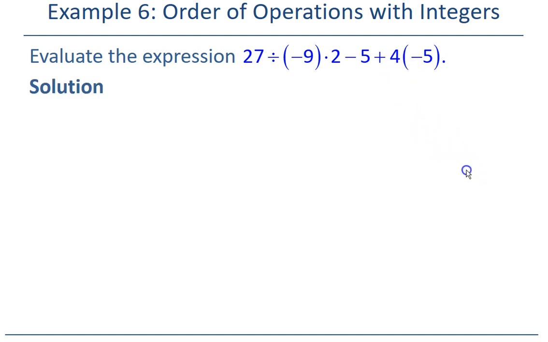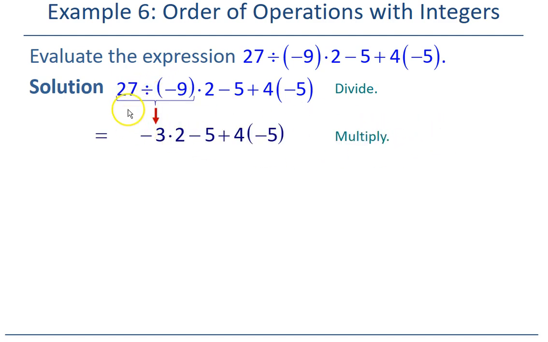So you might say, what do we do first? Well, as we go from left to right, there is a division here that we have to do. So 27 divided by -9 is a -3. Then we're just copying the rest of this. And then now what's the next thing? Well, we do this multiplication here. This is going to give us a -6. And then we don't do any addition yet.